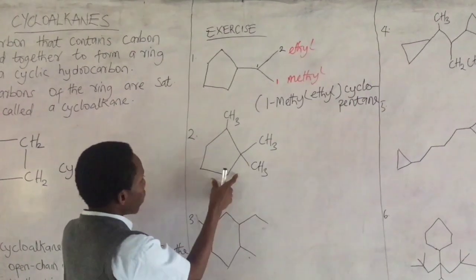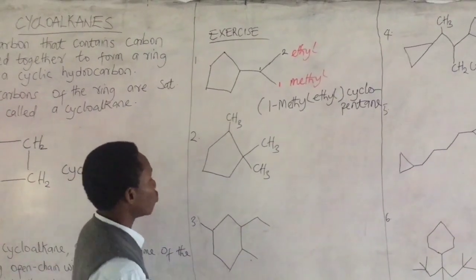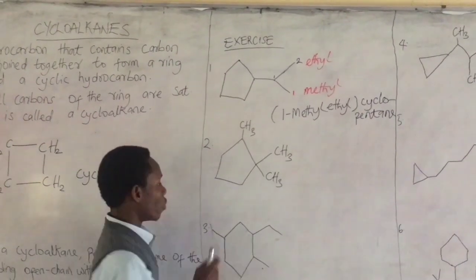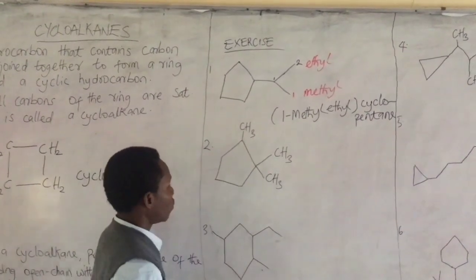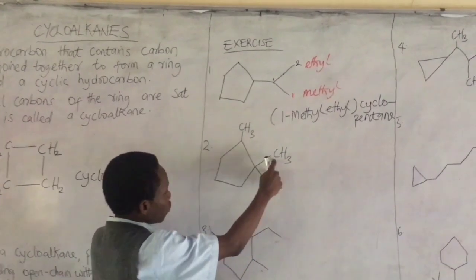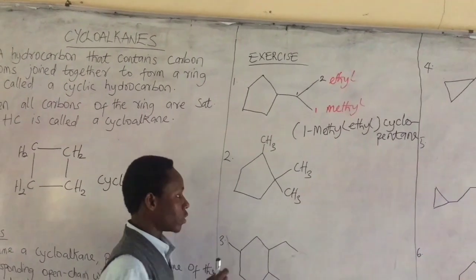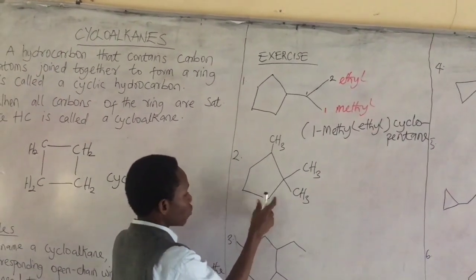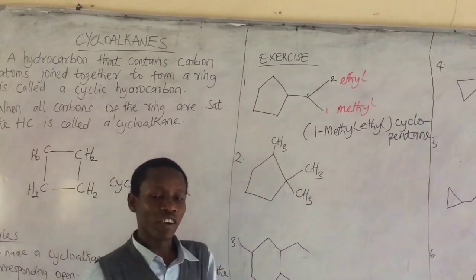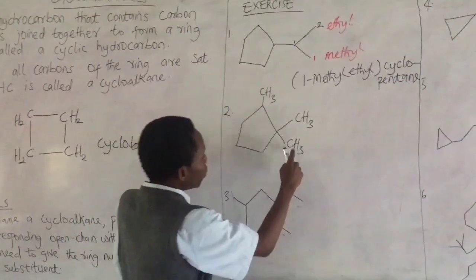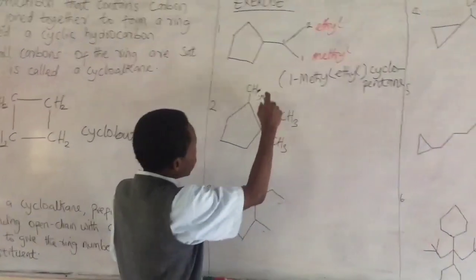Let's go to the next structure. How do we name this compound here? We have 3 substituents on this particular cycloalkane. We have a substituent here, and a substituent here. So numbering will be very, very essential in naming this particular structure. Why? Because we have more than 1 substituent. So we have the methyl here, and the methyl here.